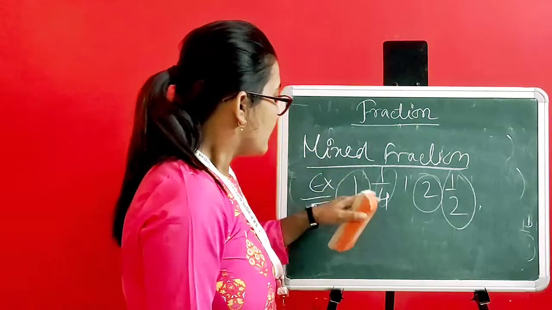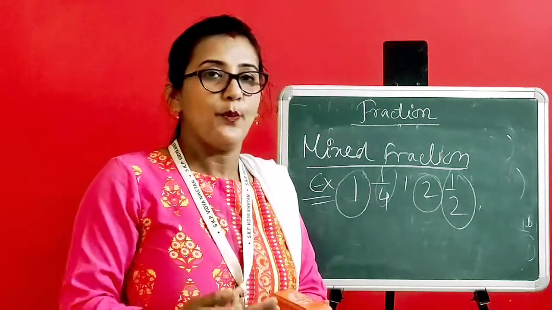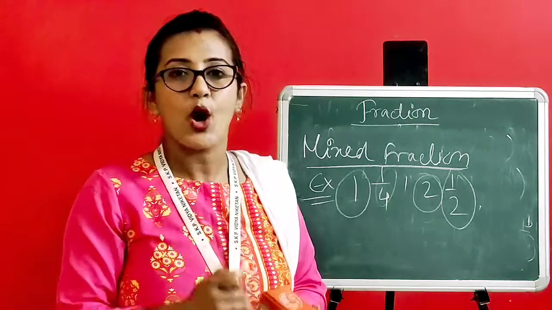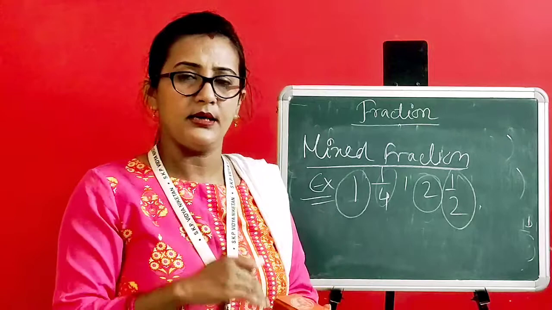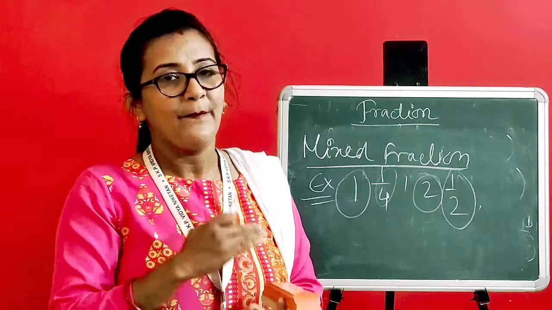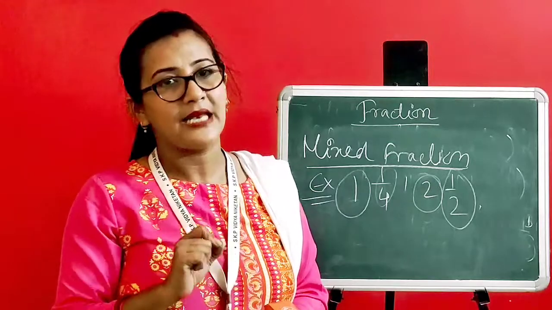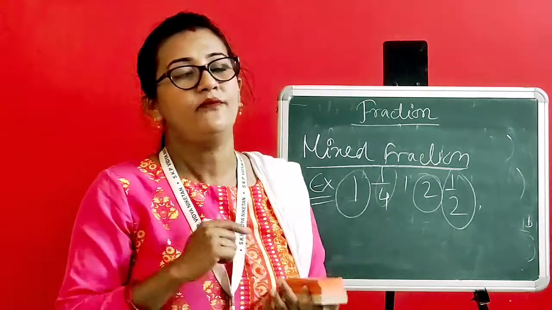So when we divide a greater numerator by a smaller denominator, if the number is not exactly divisible, then some remainder will be left. So that remainder we will write in the form of a mixed fraction.